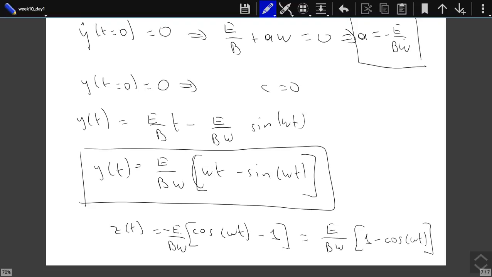The z-coordinate, the coordinate in the direction of the electric field, just changes between 0 and twice E over B omega. So it doesn't move away in the z-coordinate. The maximum value of the z-coordinate is fixed. But if you look at the y-coordinate, there is this modulation of sine, but it increases linearly with time. So if you take its average over some interval, its average just moves linearly.